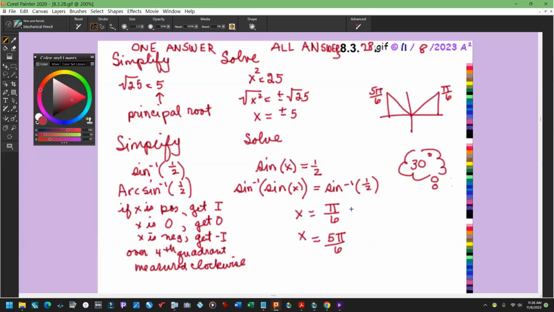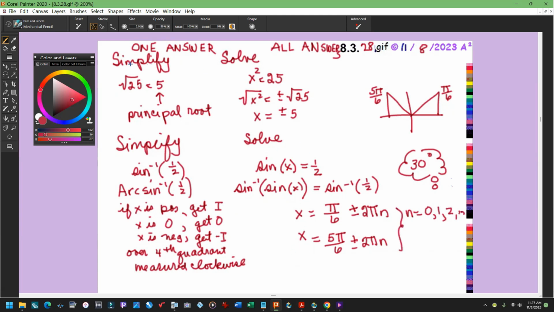So I go plus or minus 2 pi n, where n is an integer, and now I have all the answers.